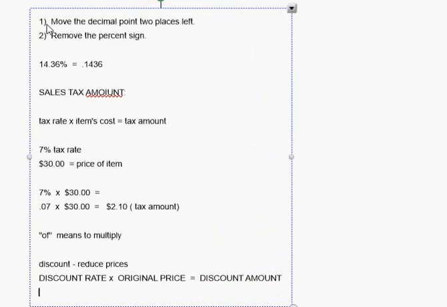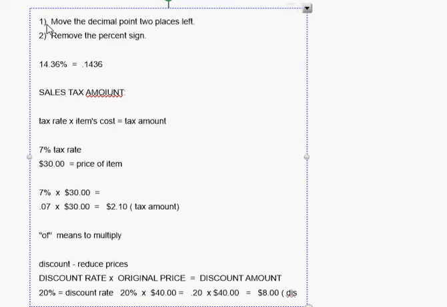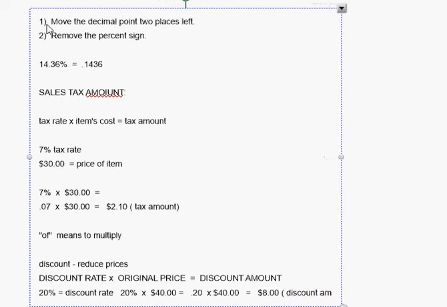So therefore, if we have 20% as the discount rate, we would have 20% times $40, if $40 was the original amount, which is 0.20 times $40, and that gives us $8, which would be the discount amount.